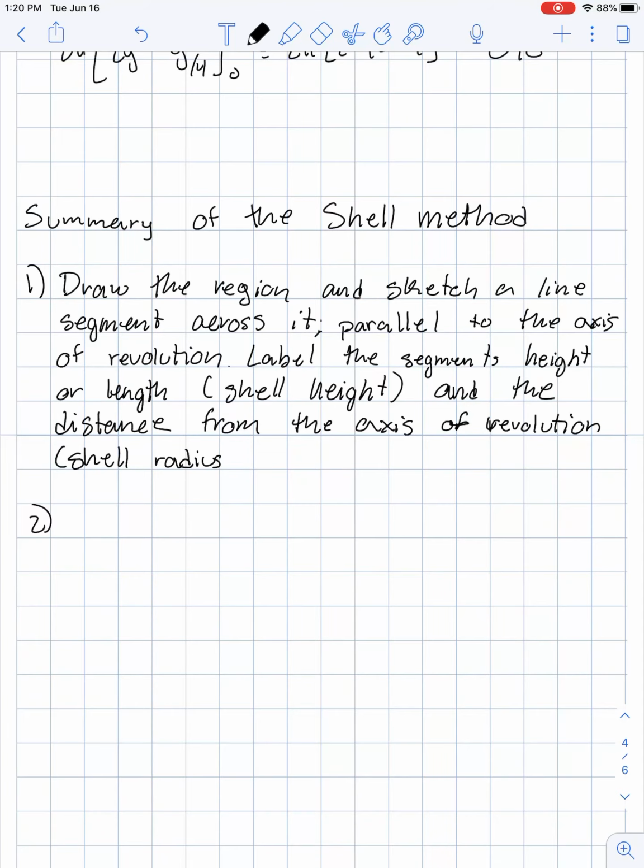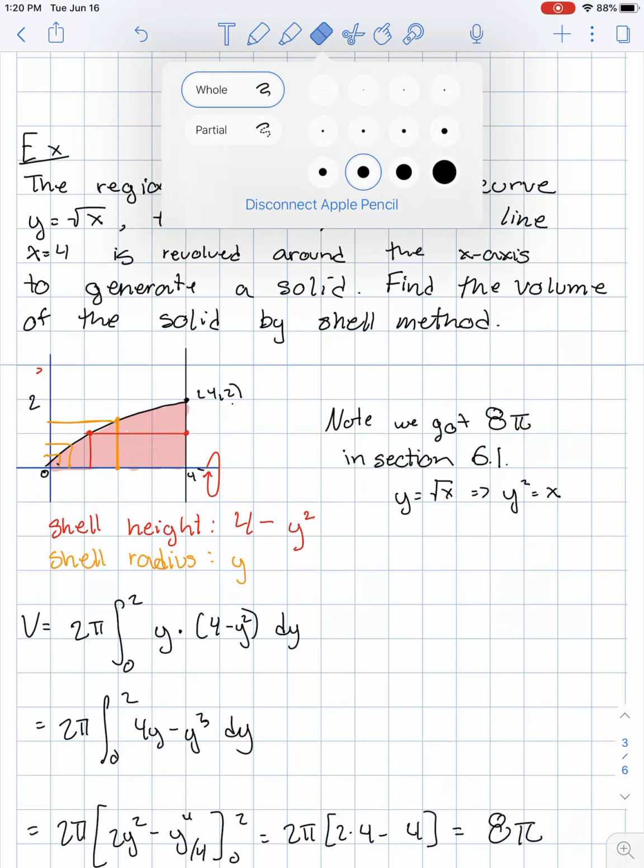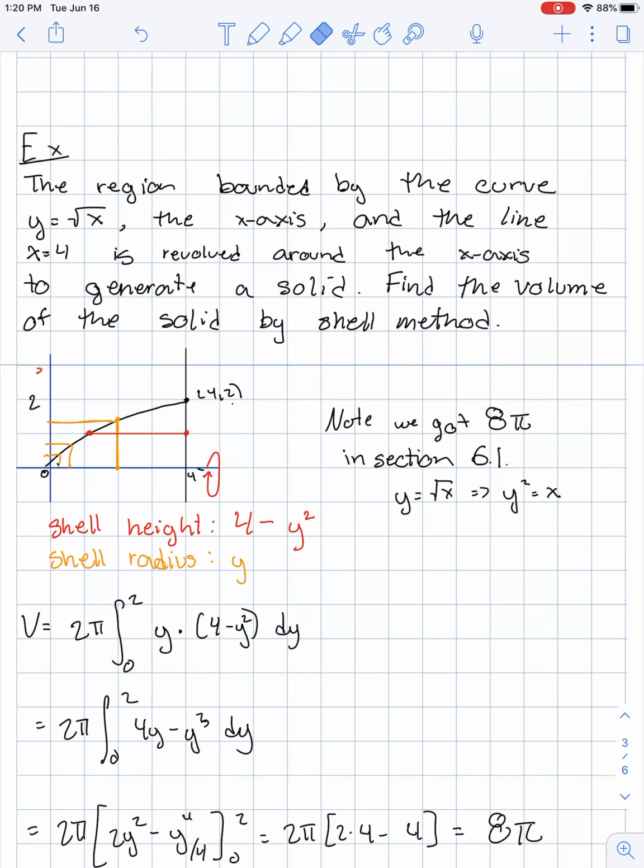Right, this is honestly the most important step to me. So up here, I was revolving around the x-axis, so I drew my line parallel to the x-axis. I didn't mean to erase this.